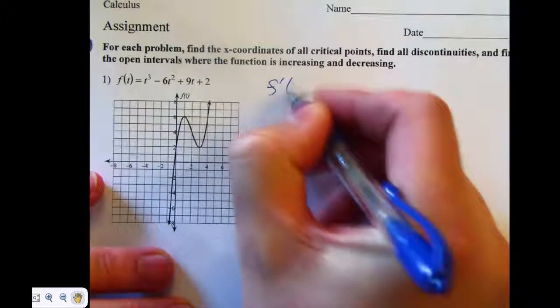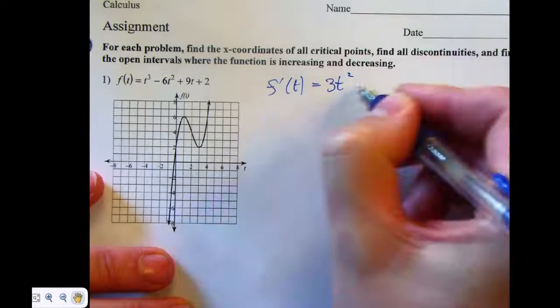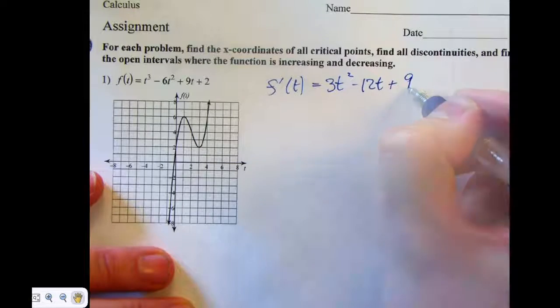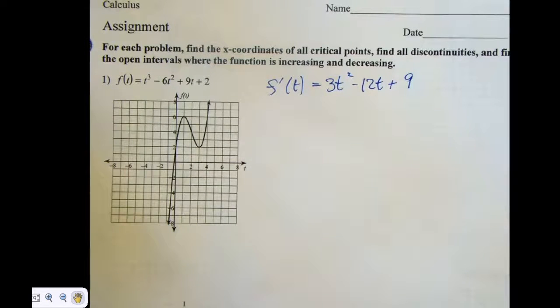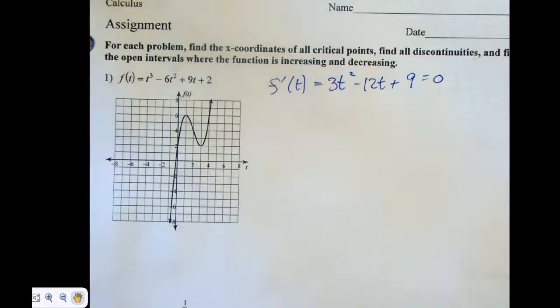So let's go, f prime of t would be 3t squared minus 12t plus 9, and the 2 goes away, right? I want to set that equal to 0 to find my critical points. These are points where something might happen.